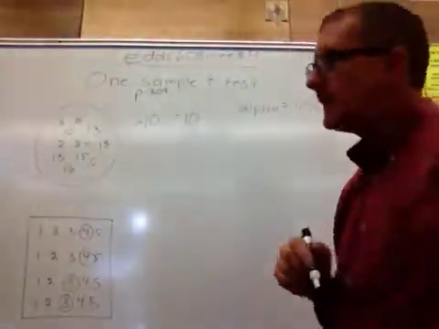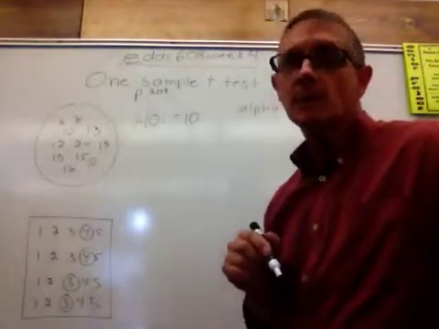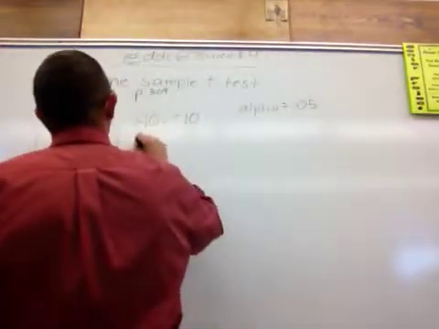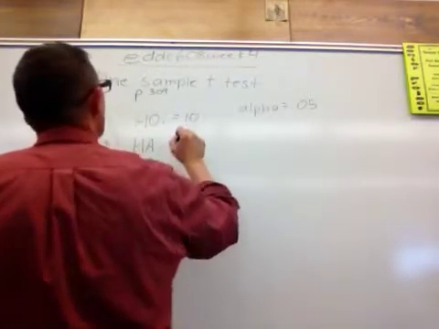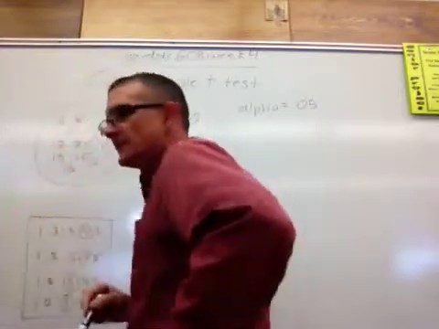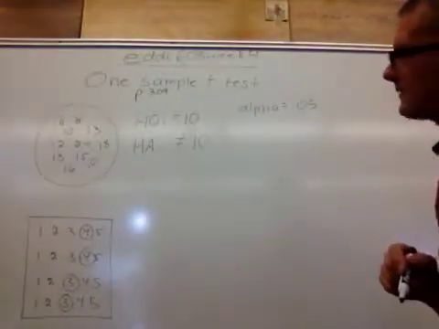That's the mean. And you as a researcher seem to think that it's probably either shorter or longer. So our alternative, or our research hypothesis, would be that it is not 10 inches. So there's our research hypothesis.